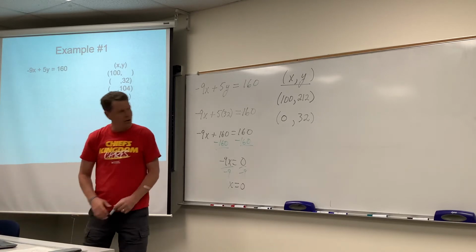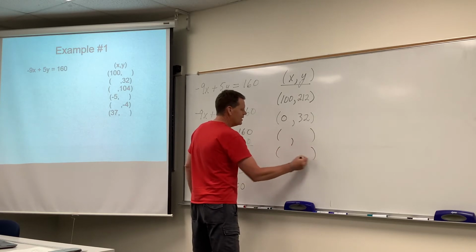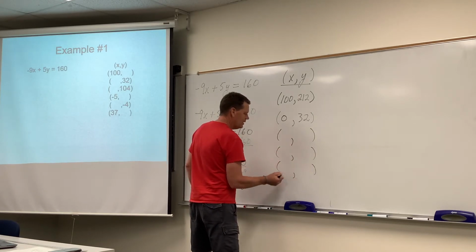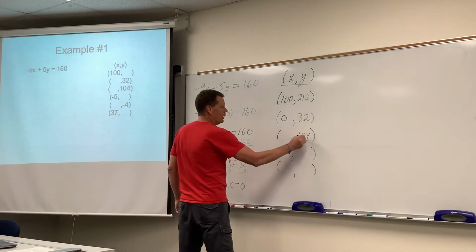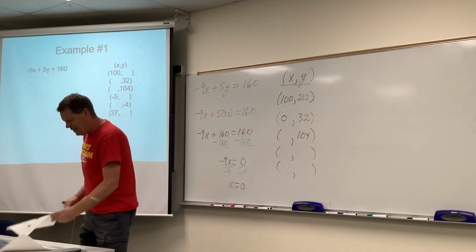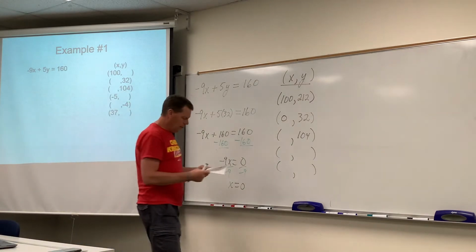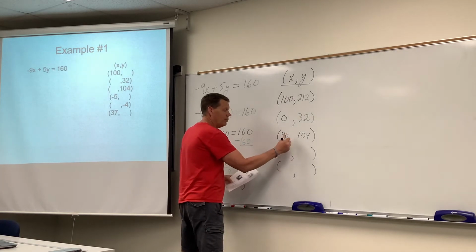I won't drag you through the remaining ones, but we could keep creating ordered pairs as long as we wanted, couldn't we? This list would go on and on, and as a matter of fact, it already feels like it has. In each of these cases, here you'd put 104 in for y and go about solving for x. Those are things that we could have done together. Pause the video if you want and practice them.